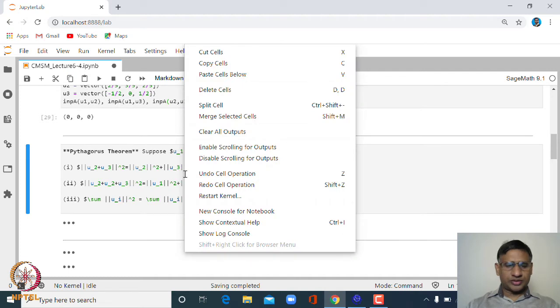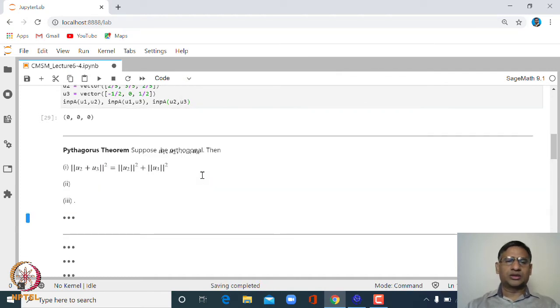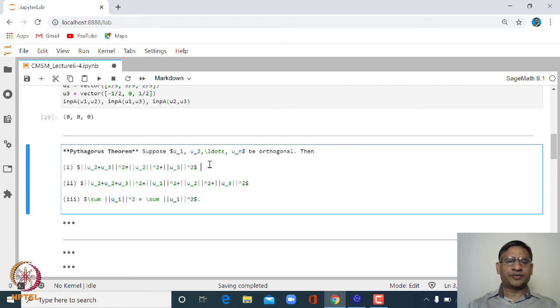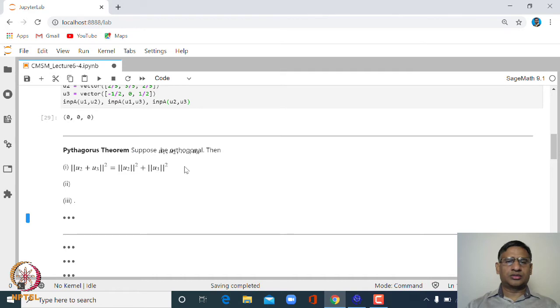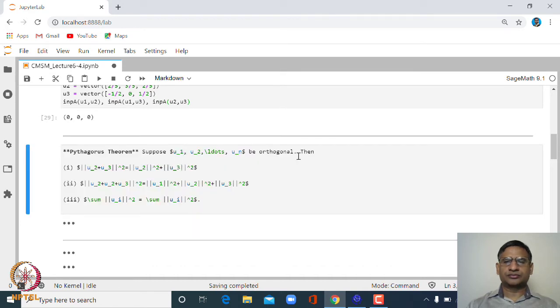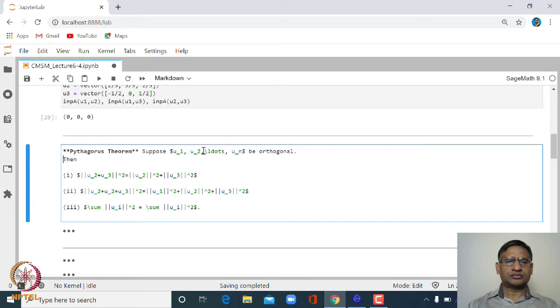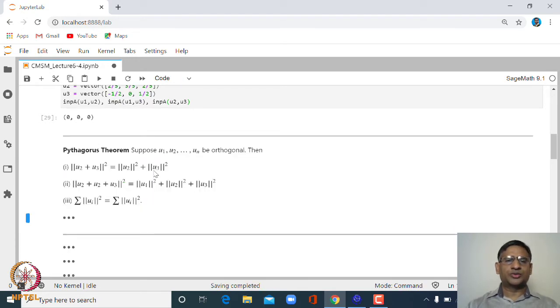You can also verify the Pythagoras theorem. Suppose you have vectors u1, u2, ..., un which are orthogonal to each other, and then if you look at, for example, u1 plus u2, the norm square is the same as norm of u1 square plus norm of u2 square.